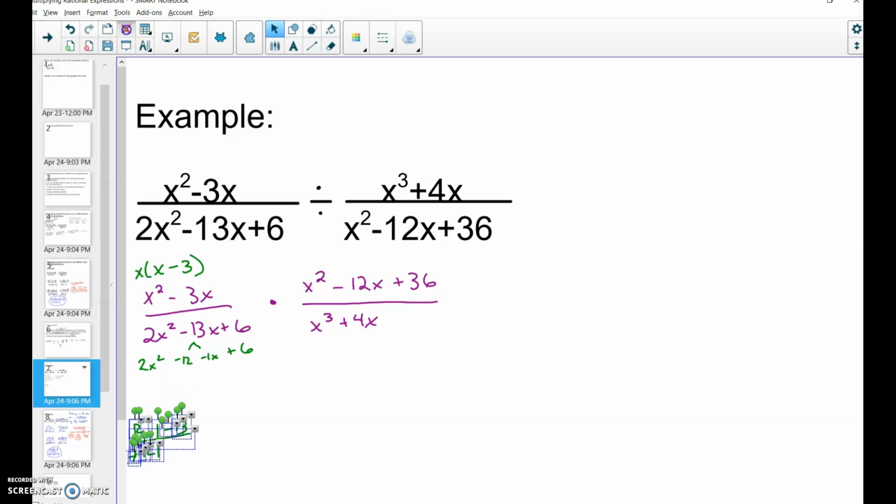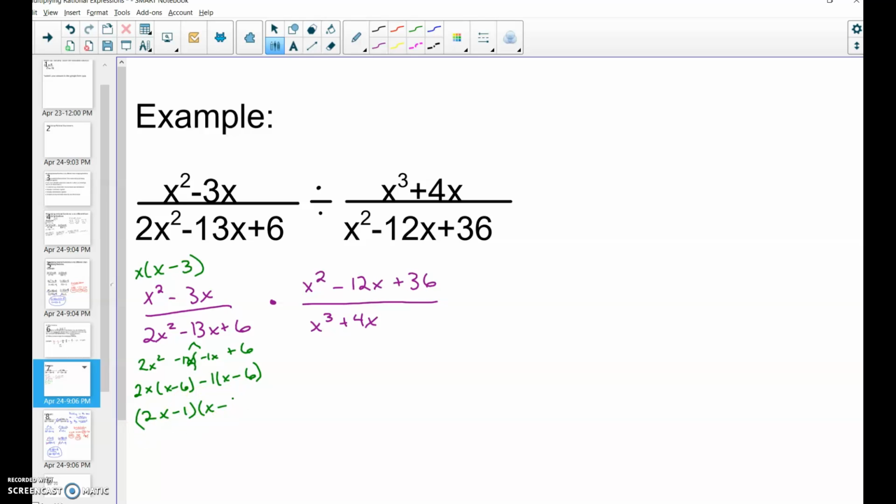Actually, I'm going to delete that because we don't need that. Okay, split those apart. I can take out my x, so 2x. You got a negative 1. So I have 2x minus 1 and x minus 6.